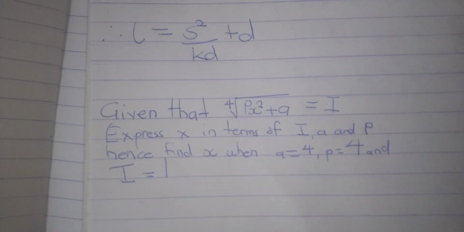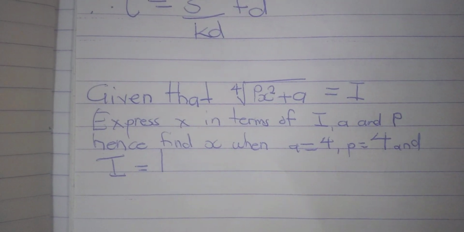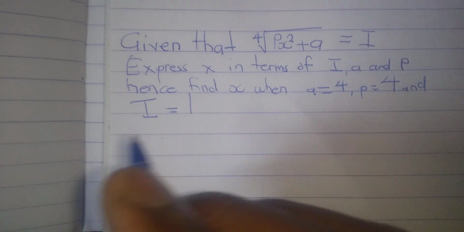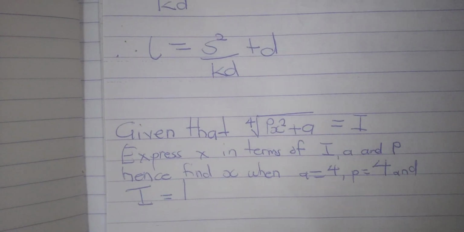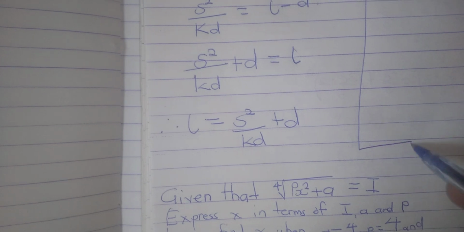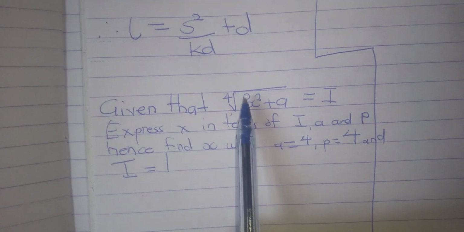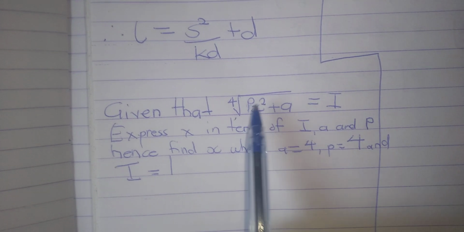So I'll have this side raised to power 4 and the other side raised to power 4, so that we shall aim at that fourth root. So for us to remove this fourth root, we shall have raised to power 4 on both sides.